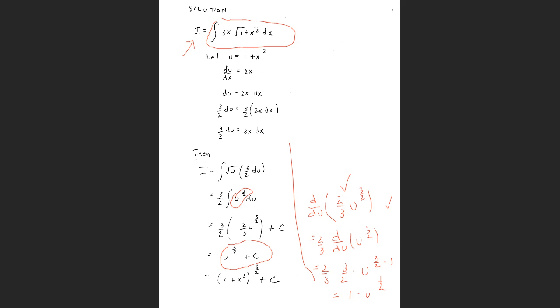That's u to the 3/2 plus a constant. But remember, the original integral was with respect to x. So my answer has to be back in terms of x. Since u was equal to 1 plus x squared, I have to put that back in. And that's the antiderivative.